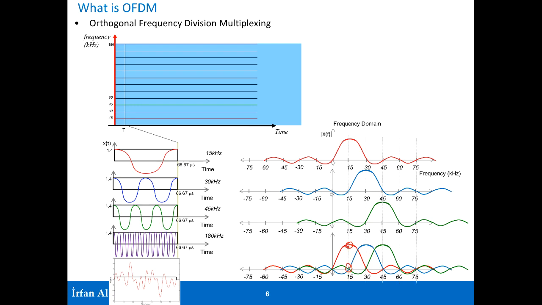So that is why I can put in any information onto this 15 kilohertz signal, and whatever other information is coming from these other harmonics, the 30 kilohertz and 45 kilohertz, they do not interfere with this information that I put in.